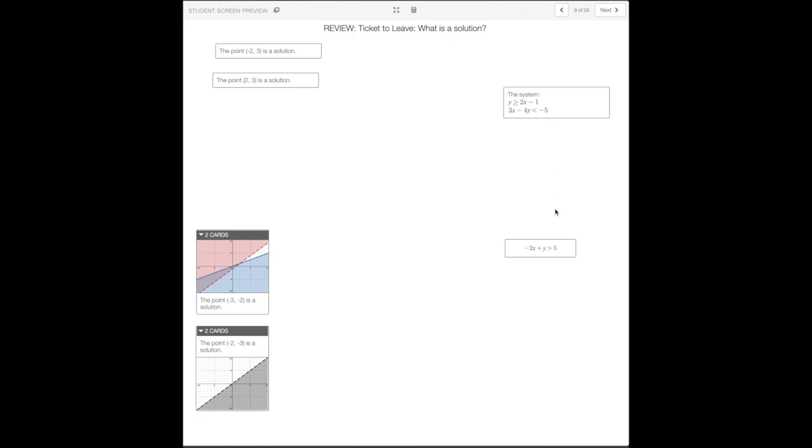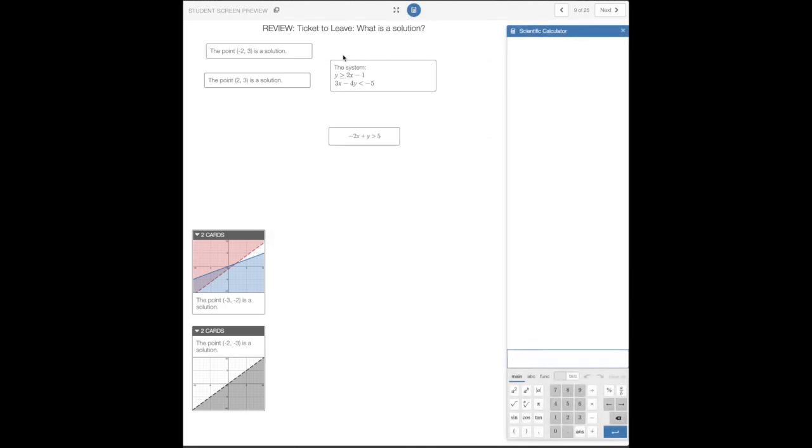So now I got to do some calculations. I'm going to move this over because I want to use the calculator here. So let me test this one. X is 2, y is 3. So negative 2, replace x with 2 and replace y with 3.